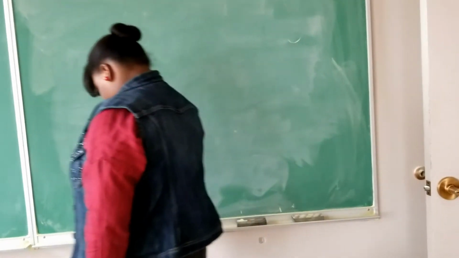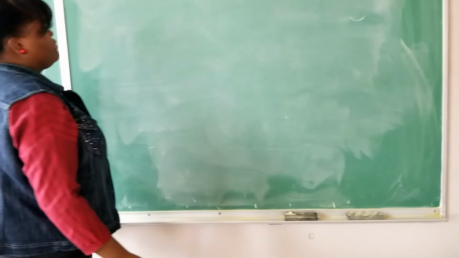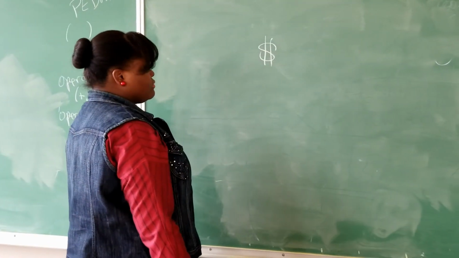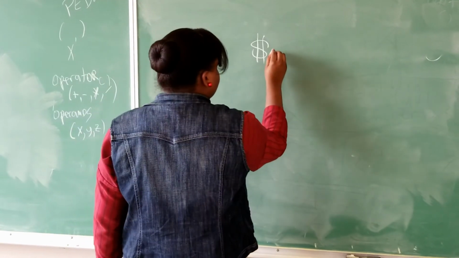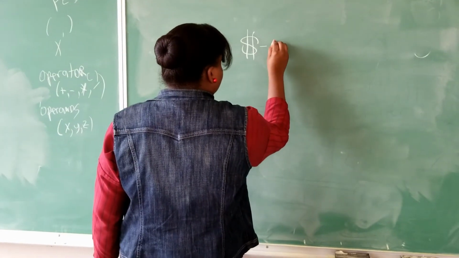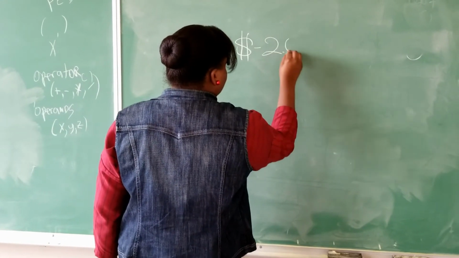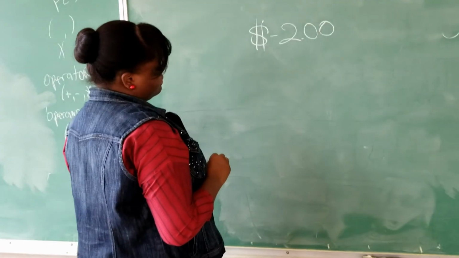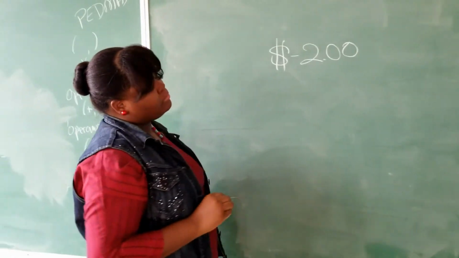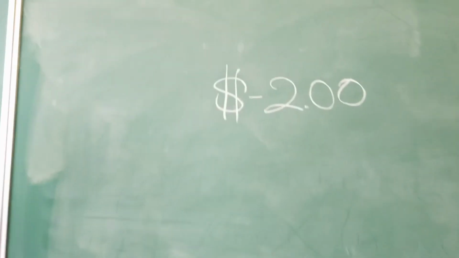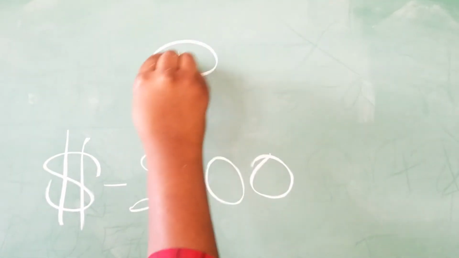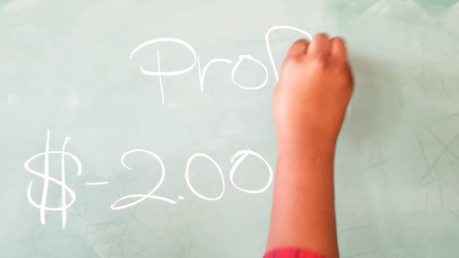Sure. All right. Give me a dollar sign. Minus $2.00. So I'm going to give you $2, right? So I want you to write here Prof., abbreviated, for professor.